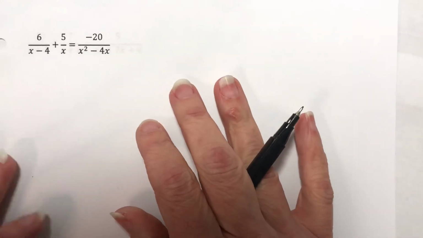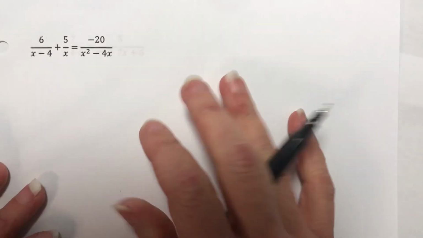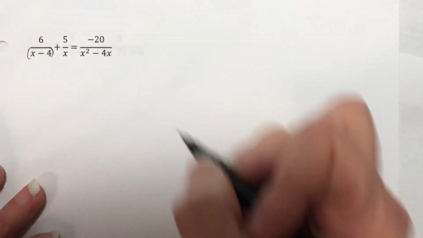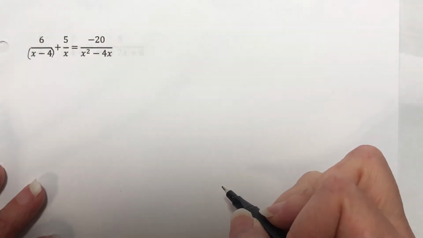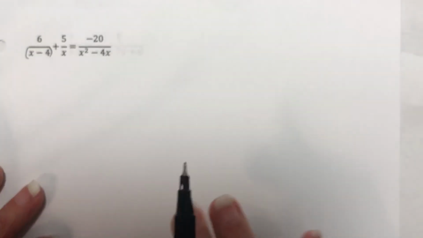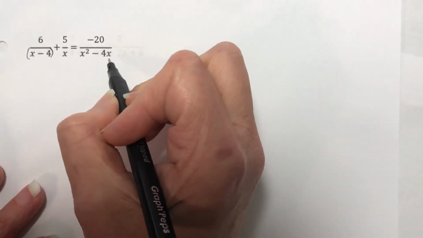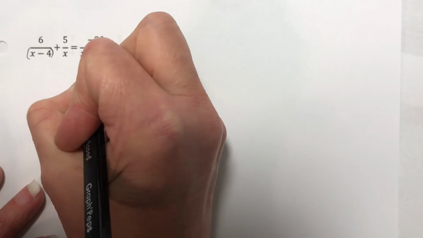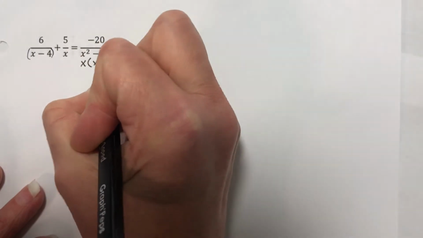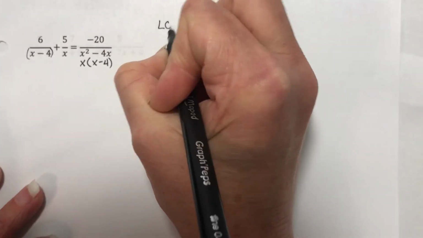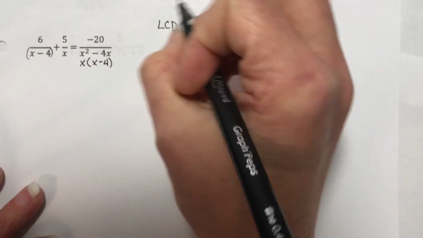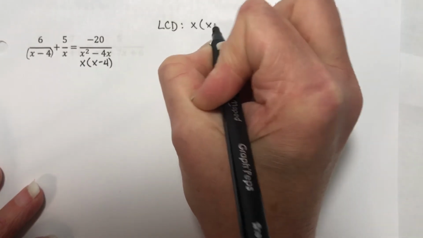Okay, so let's do 6 over x minus 4, which does not factor, plus 5 over x, and x is simple already, minus 20 over x squared minus 4x. I can factor an x out of this to get x minus 4. And you can see that your LCD is going to be x times x minus 4.